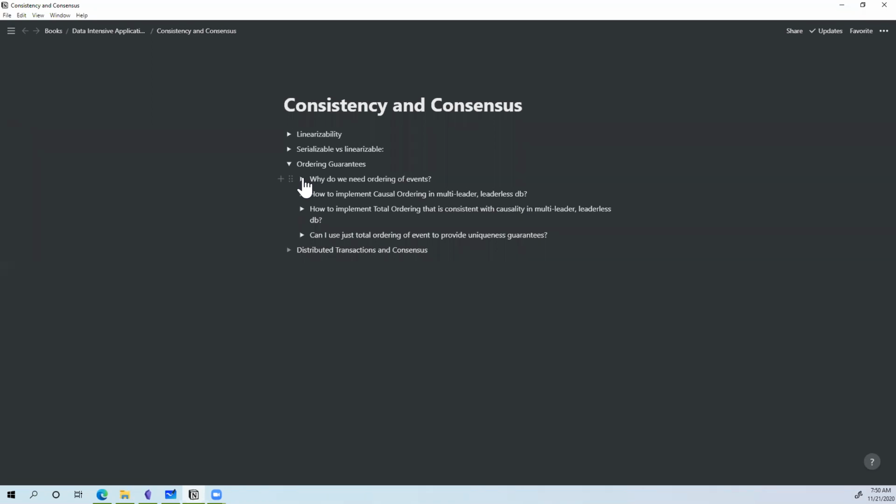The leader node will queue the write events and order them in the sequence in which it saw them. So that's why in single leader systems, it's easier.